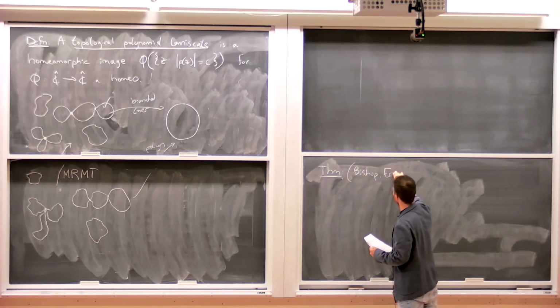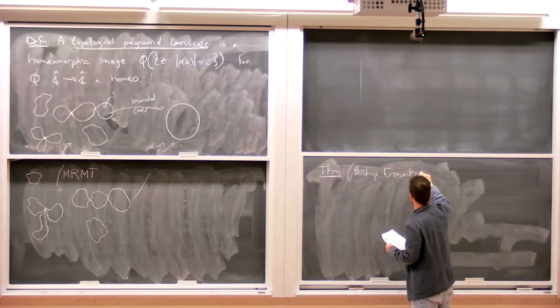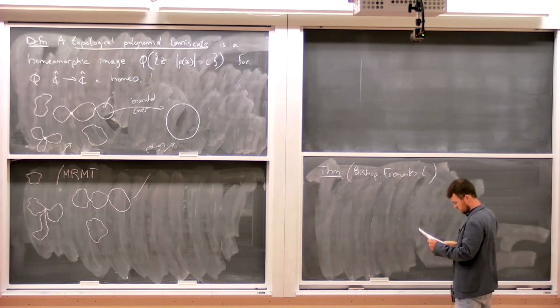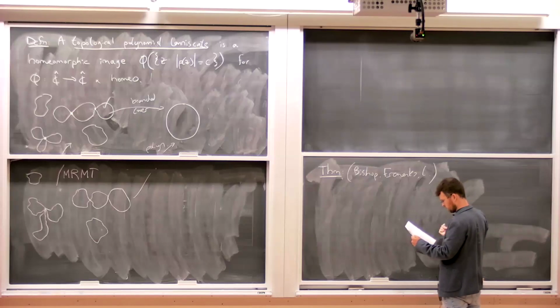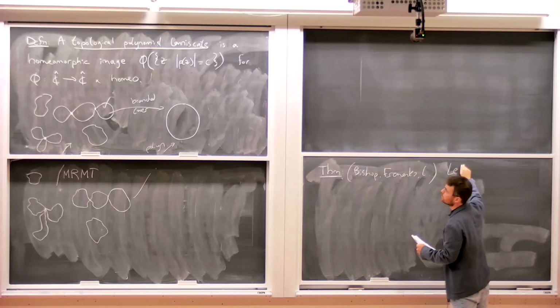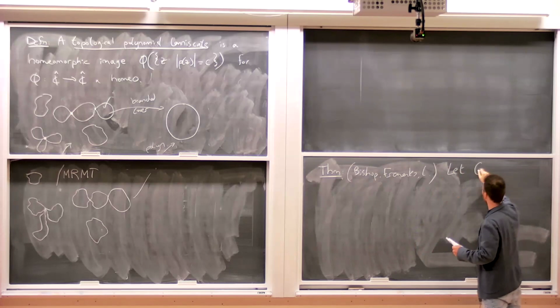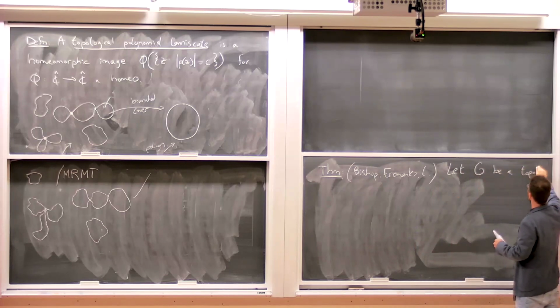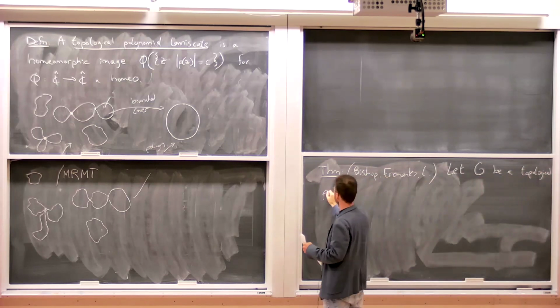Theorem, Bishop, Aramenko, L. Take one of these topological lemniscates. Let G be a topological polynomial lemniscate.